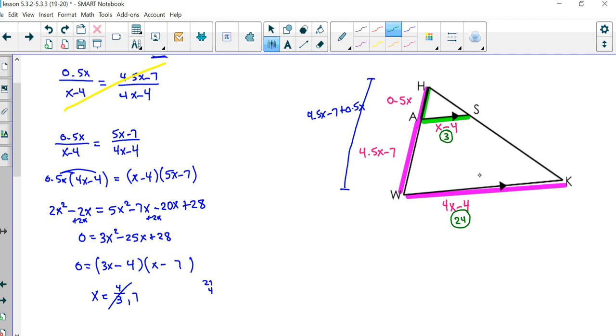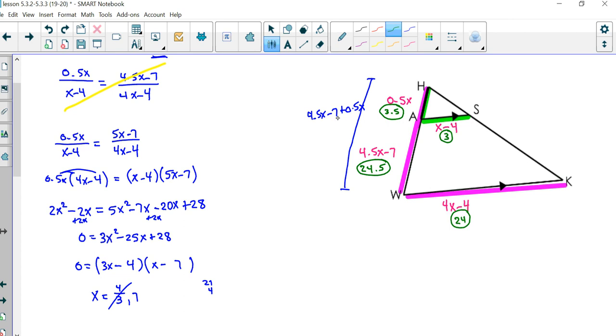I can see that from here to here, the scale factor is 8. Let's see, 7, half of 7 is 3.5. So that obviously works. If I do 4.5 times 7, I'm going to use a calculator for this, minus 7. So this one right here, I would get 24.5.